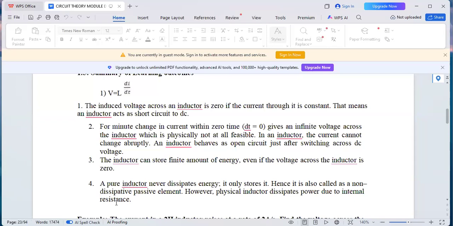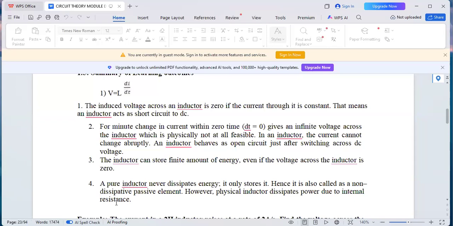A minute change in current with zero time, as in dt equal to 0, gives an infinite voltage across the inductor, which is physically not at all feasible.